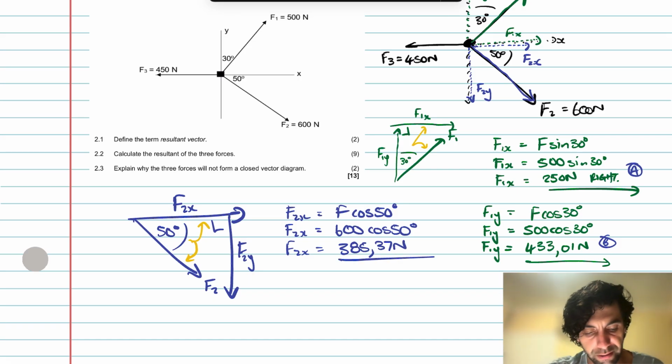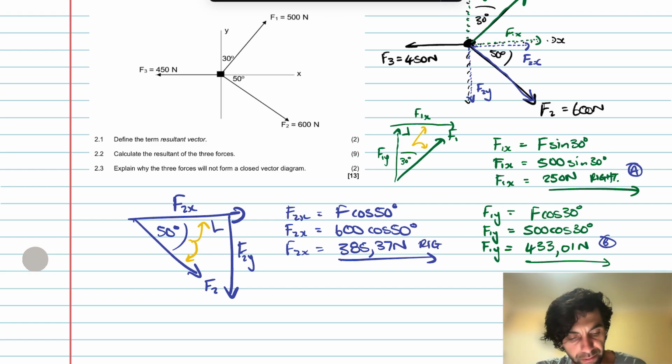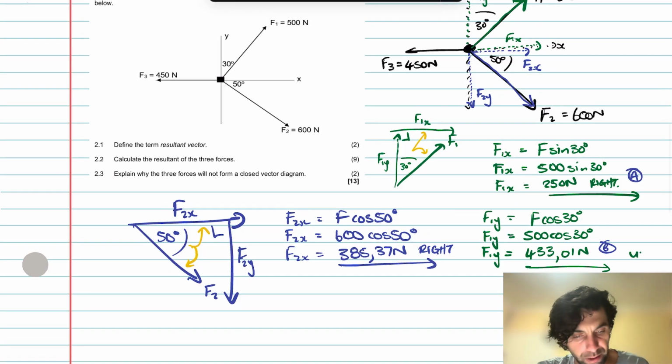That is obviously acting to the right, so you can write, you know, to the right. This one was up. Again, what I'm going to do is save this decimal string in C. So again, what I'm doing is I'm saving these numbers for later use.